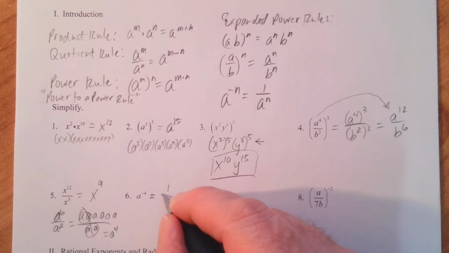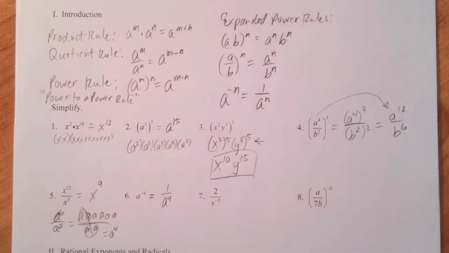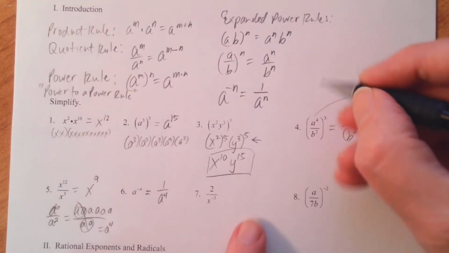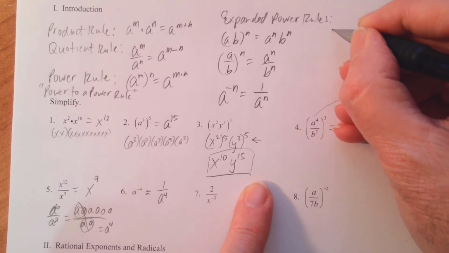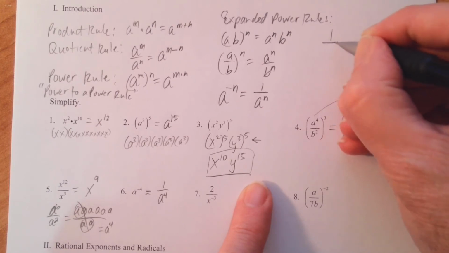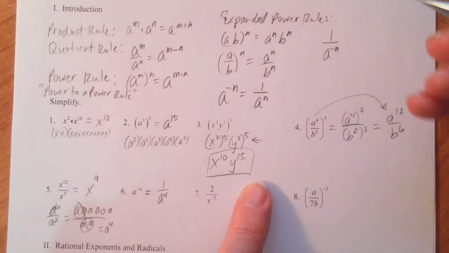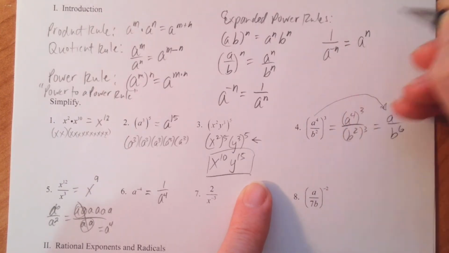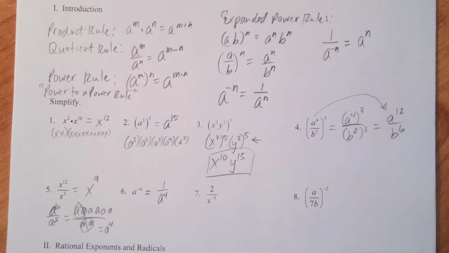So this is 1 over a to the 4th. Well, what if you had 1 over a to the negative n? Well, that would end up being a to the positive n.